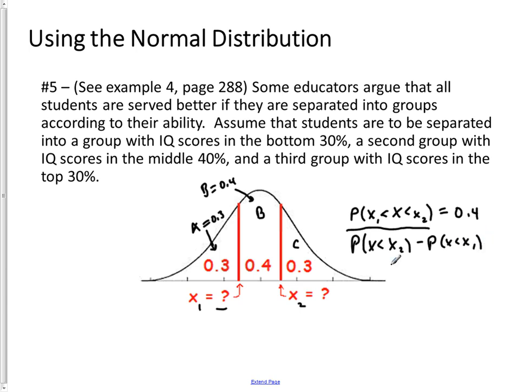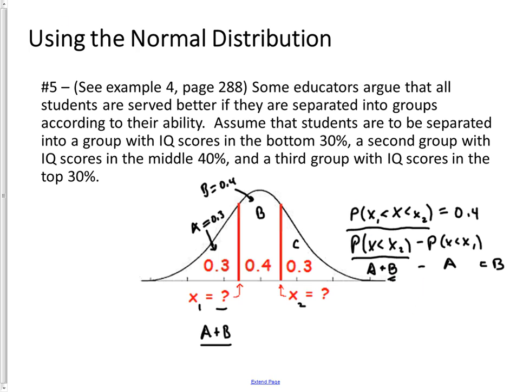In other words, it's as though we were saying, okay, we've got area A plus B. That makes up the area of everything that's less than x2. And I'm subtracting from that area A, and that's going to give me area B. All right. So the real question is, what scores x2 and x1 make that up?